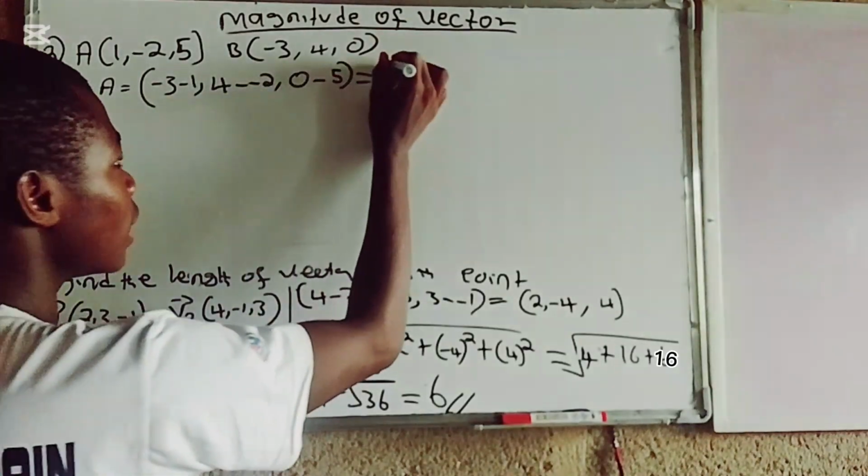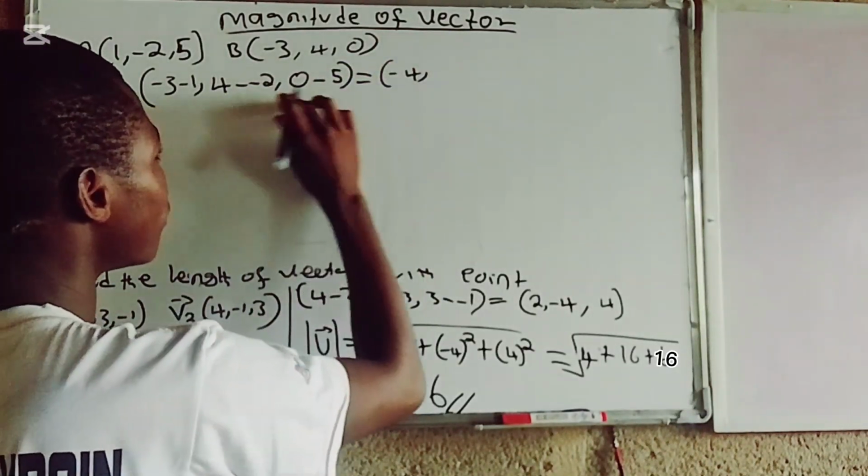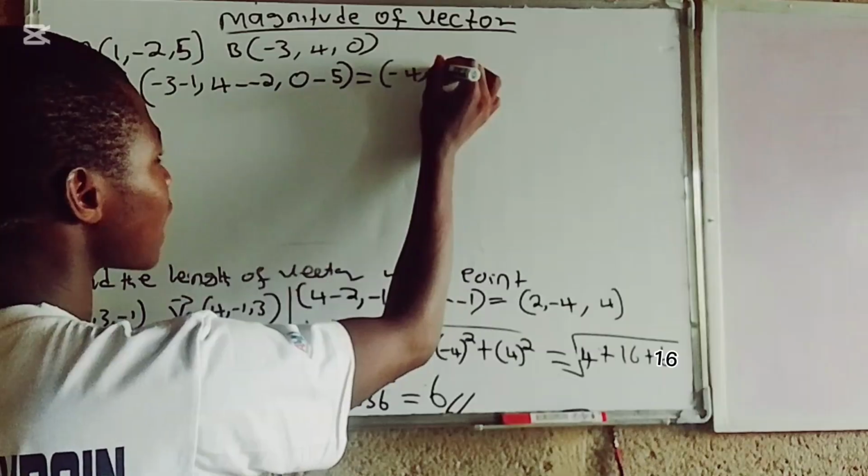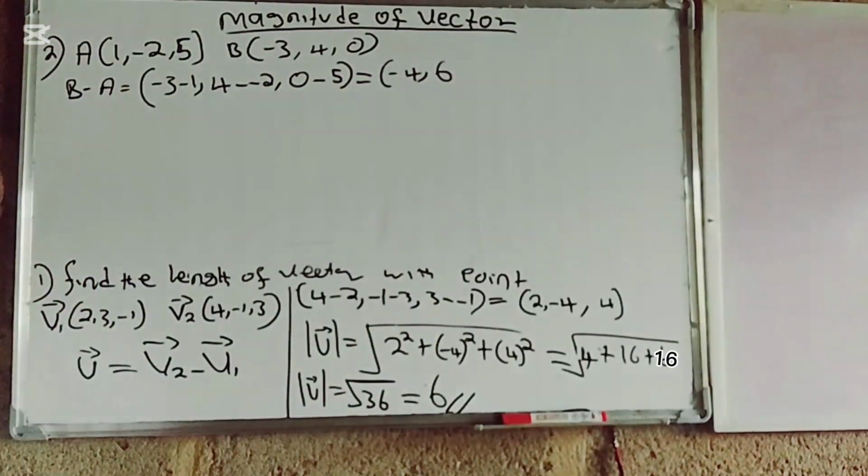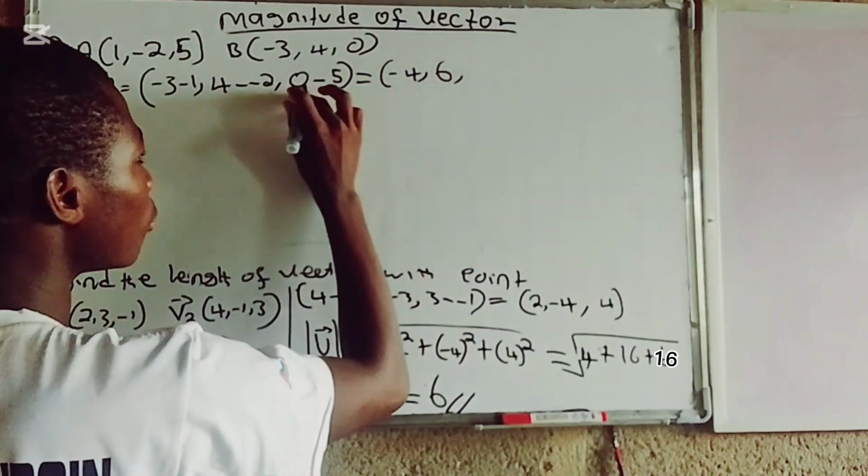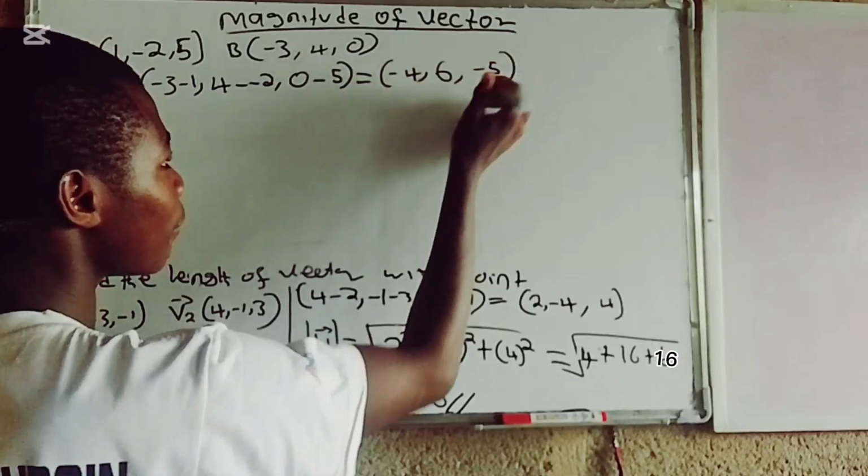Minus 3 minus 1 is the same thing as negative 4. 4 minus minus 2 is the same thing as 6. And therefore 0 minus 5 is the same thing as minus 5.